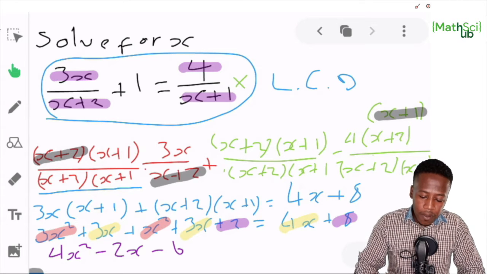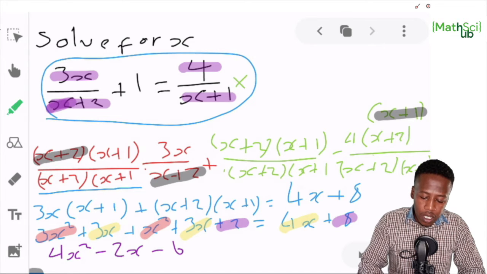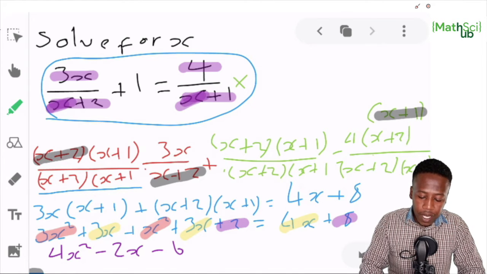Let's say you get negative 2 as your x here. If you get negative 2 plus 2, you will have 0 in your denominator, meaning it will be undefined. If you get negative 1 as your answer, your denominator will be 0, meaning your solution will be undefined.